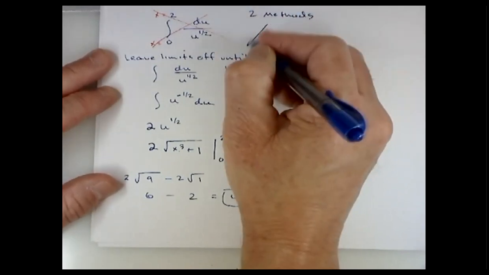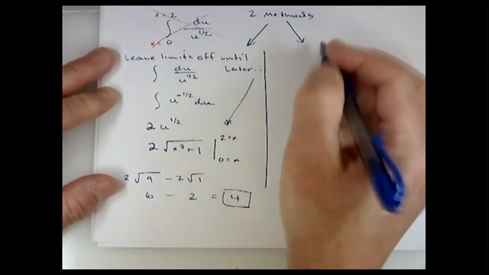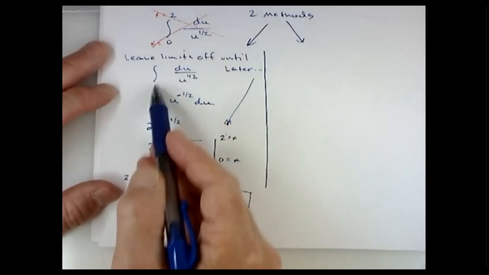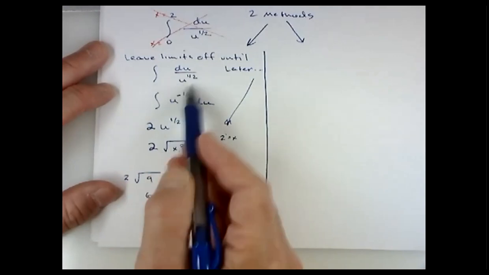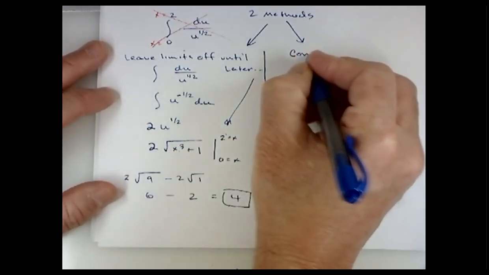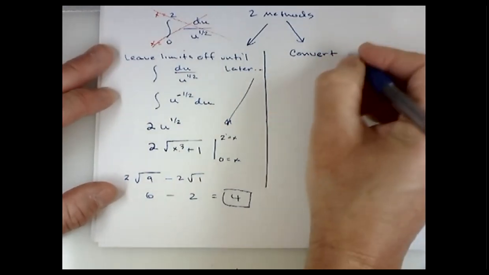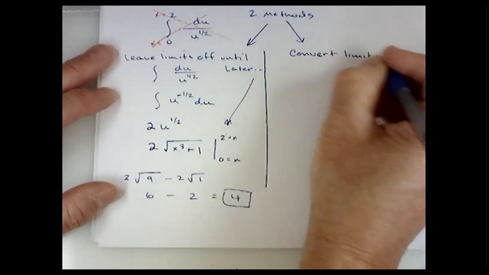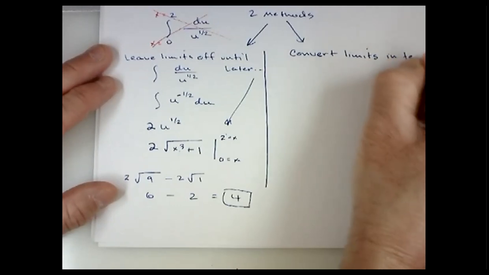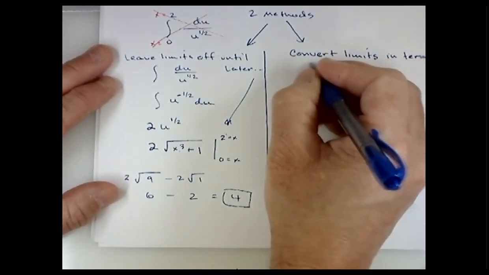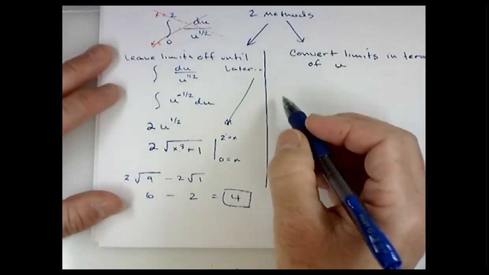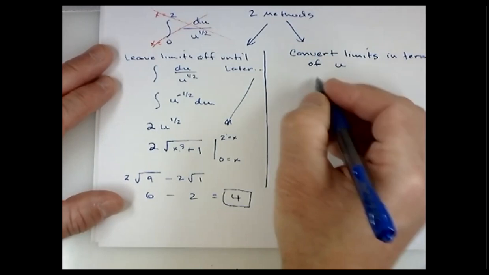You can either do this, or the other technique is, I said we couldn't put the 2 and the 0 there because those were x limits and our integral was in terms of u. If we could somehow convert our limits in terms of u, then we would be okay. And it's not that hard.